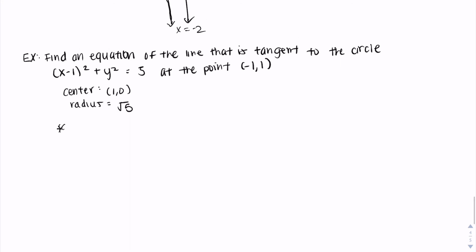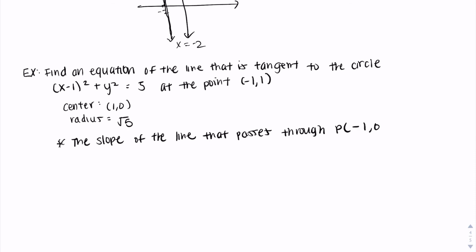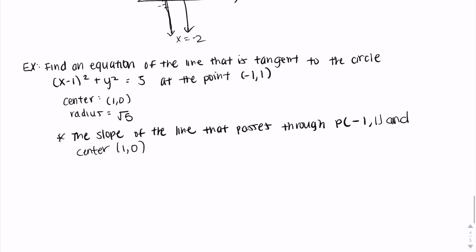Let me just write that down. Slope that passes through P of negative 1, 1, and the center 1 and 0.